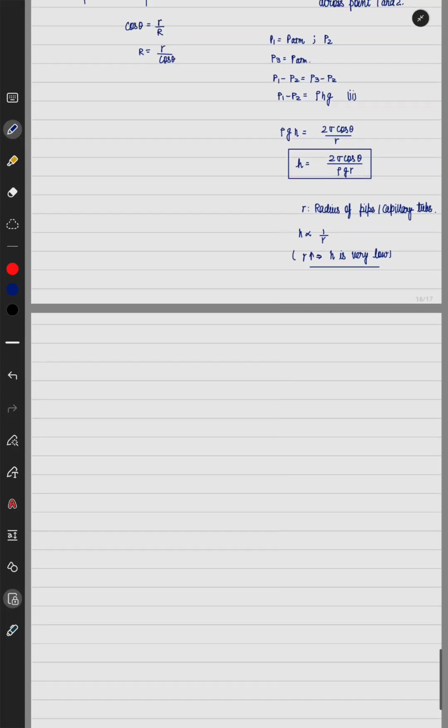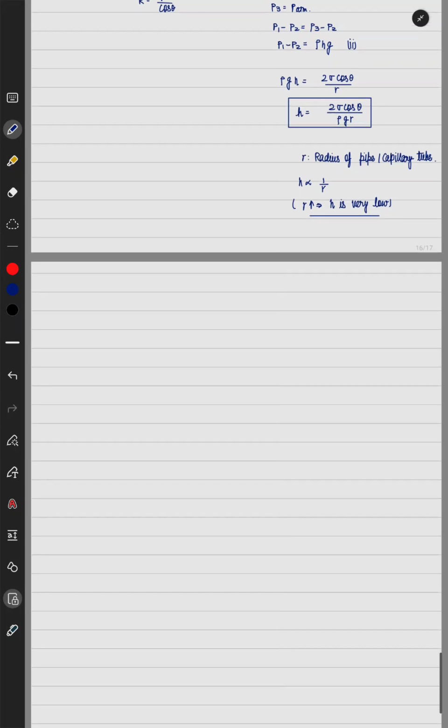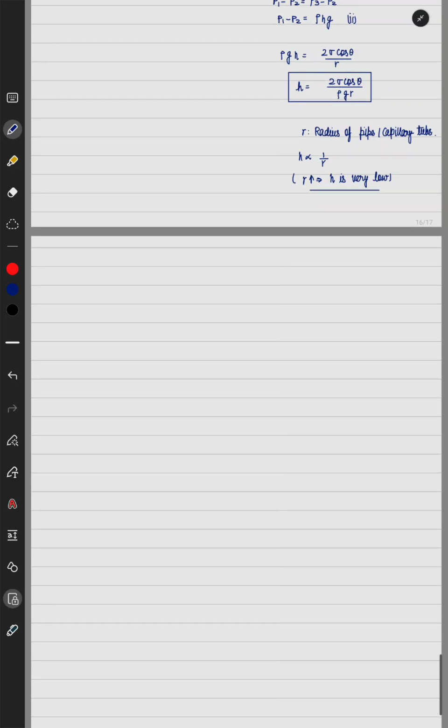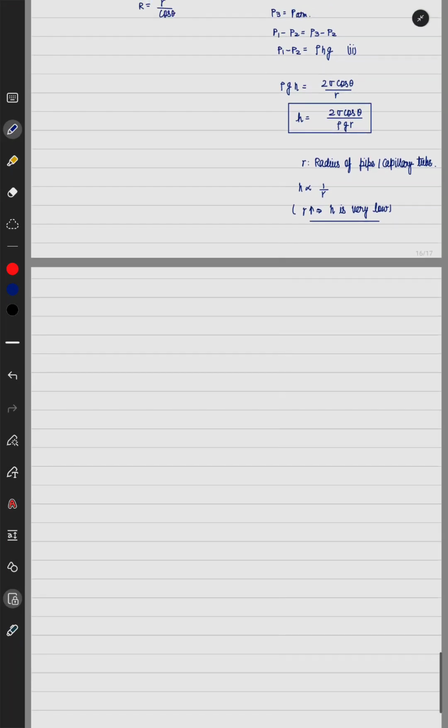Similarly, I can take the example of mercury and water. In that case, the liquid does not rise but falls. Suppose this is mercury, Hg, and this is our capillary, and this is water. Then it will look something like this.